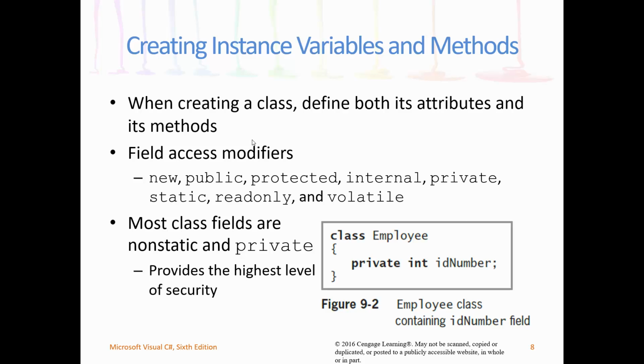Public methods to access or modify private data. So in the example right here, we've created a class named employee. Every time I create an instance of that class, each employee will have their own ID number. It's private, so it'll only be available within this class. It's an integer, and it's called ID number.